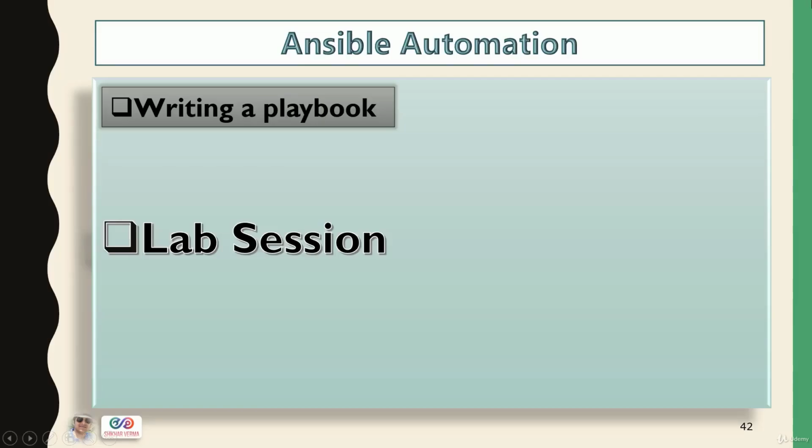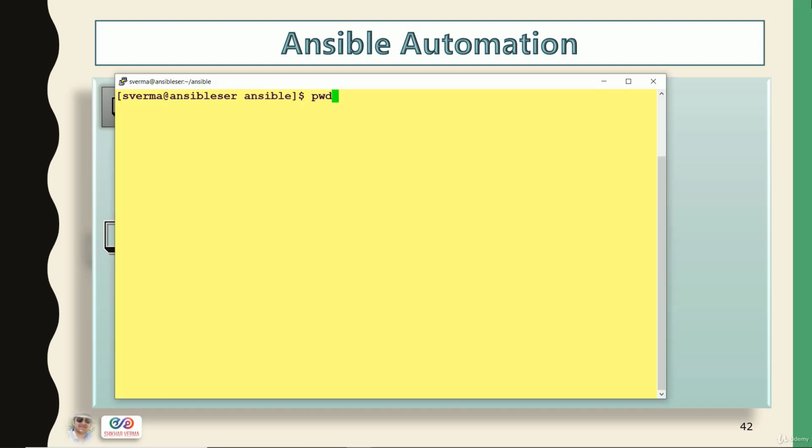This is a lab session to understand the behavior of non-idempotent and idempotent modules. This is my Ansible server. I'm in this location and I'm going to create a playbook using the shell module. I'm naming it non-idempotent.yml.